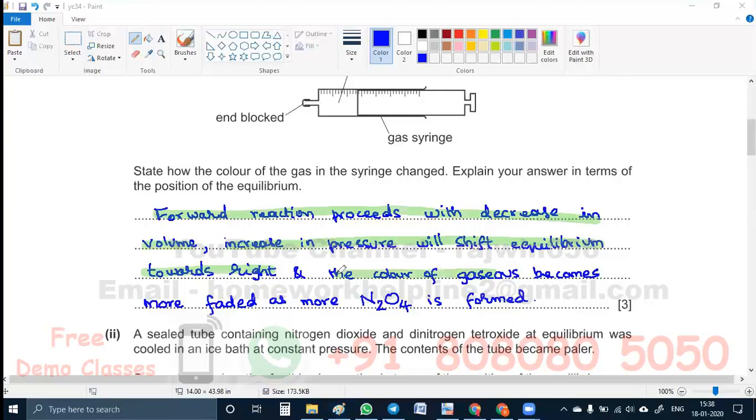So the color of the gaseous mixture becomes more faded as more N2O4 is formed, because N2O4 is colorless. Concentration of N2O4 is increasing, which is colorless, and therefore the color becomes faded or it becomes paler.